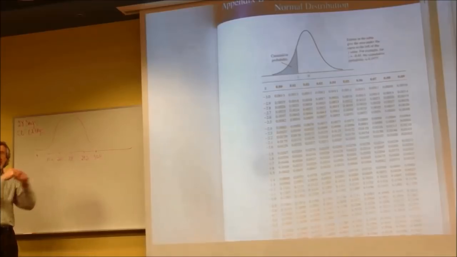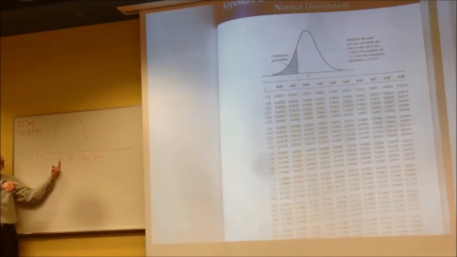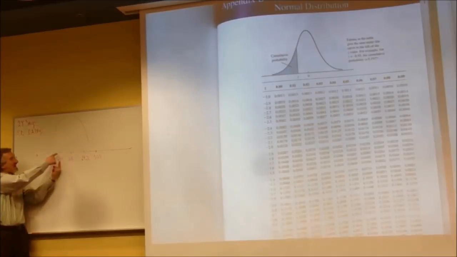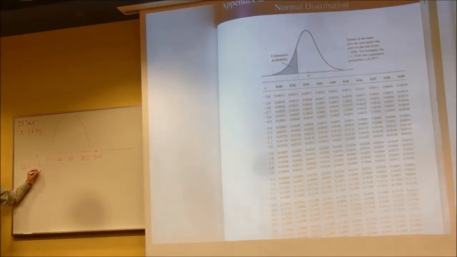But if the question is, for example, what's the probability that this project will get done in 26.8 days or less? Well, that lands right at one standard deviation out. So it's always whatever you're being asked about minus whatever the expected result is, the mean, divided by the standard deviation.